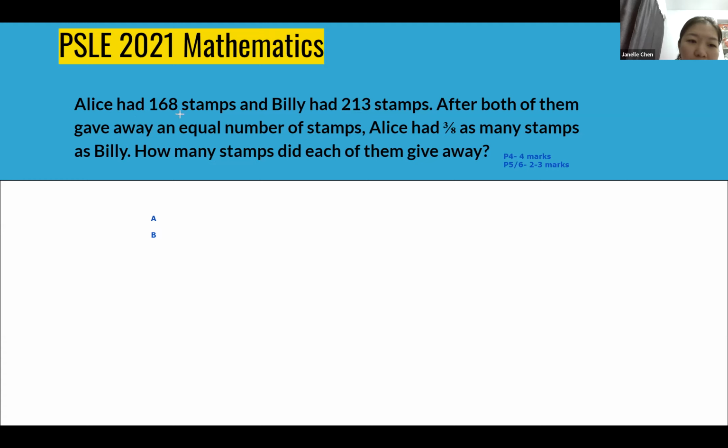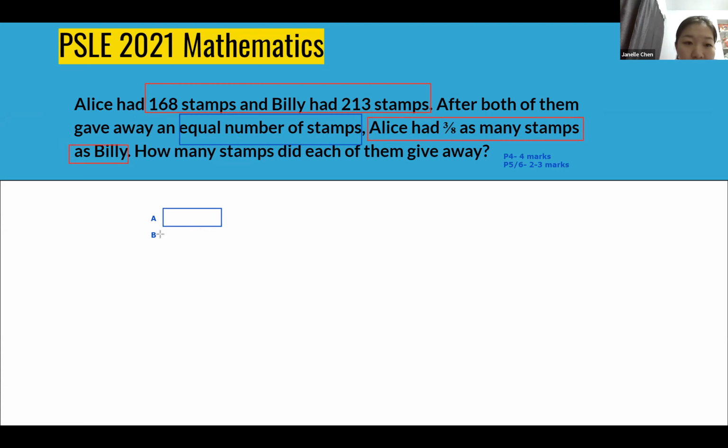After both of them give away an equal number of stems, Alice has 3/8 as many stems as Billy. The students who are faster, P5 and P6, might want to look at the red one and focus on seeing whether you can understand and do it without the model. I'll try and do the model to show the P4 kids in the session.